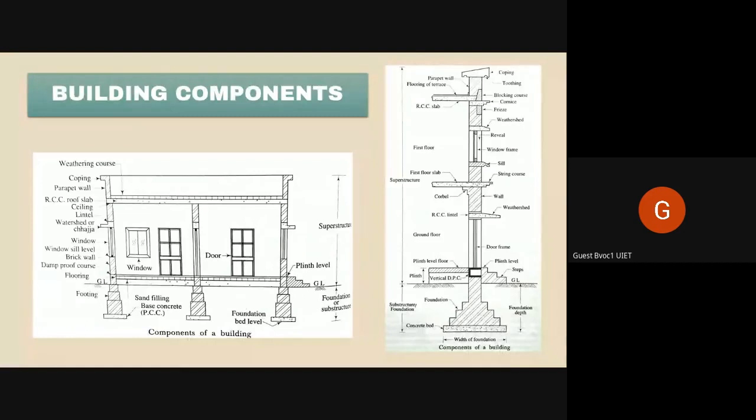You had to make a sheet that showed this vertical section of a wall from foundation to the parapet, and then this cross section of a building that shows the windows and doors and everything.